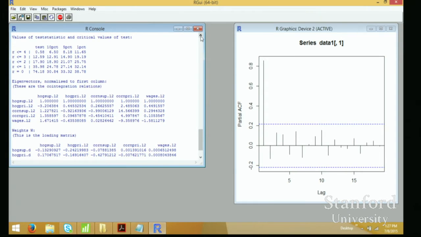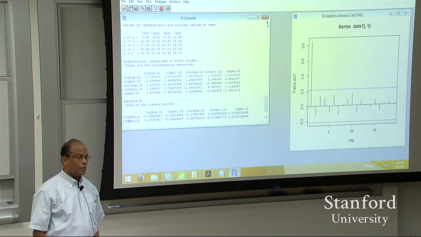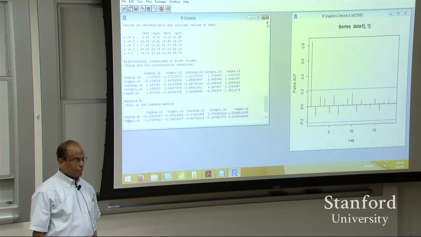But if you look at rank equal to 2, what do you see? 17.90, right? So that seems to be accepted, and afterwards the others should automatically be accepted. Based on this, you can say the rank of pi star minus I is equal to 2, right? If rank is equal to 2, how many eigenvalues are 0, how many eigenvalues are 1.